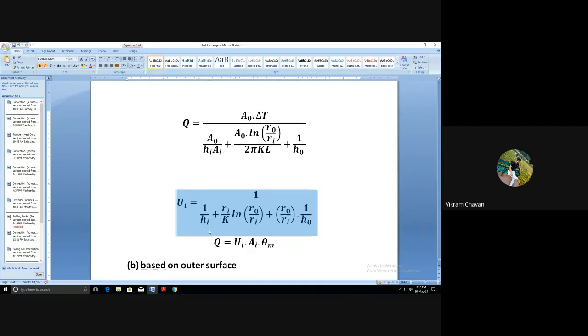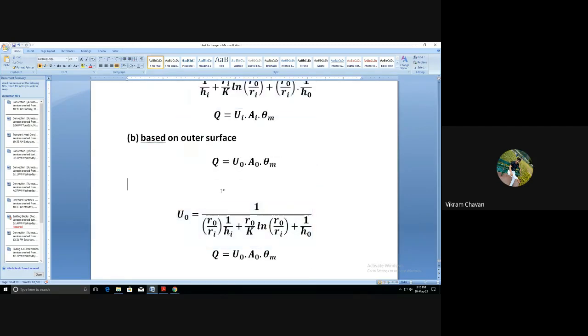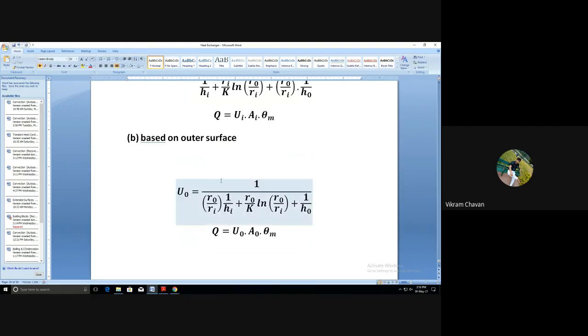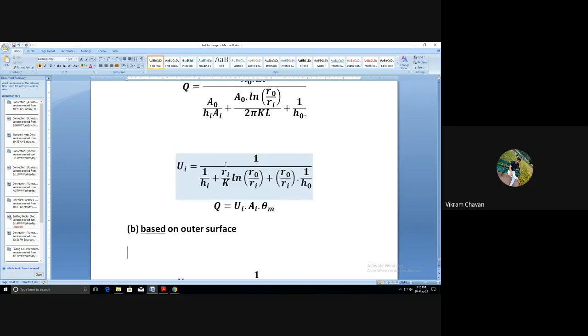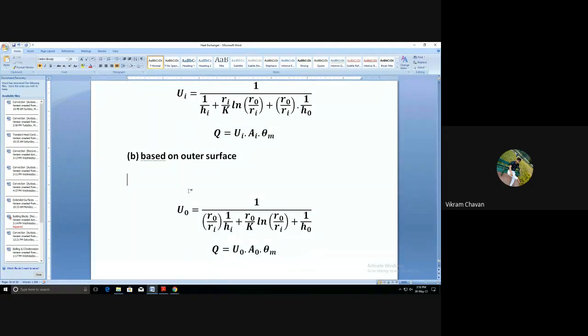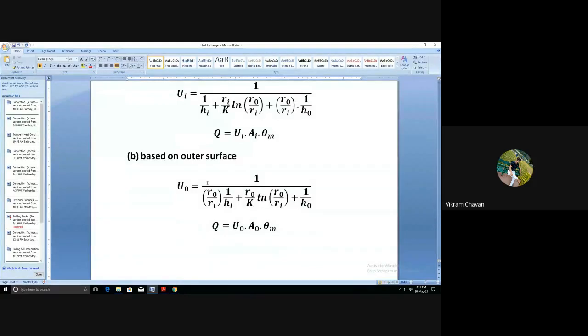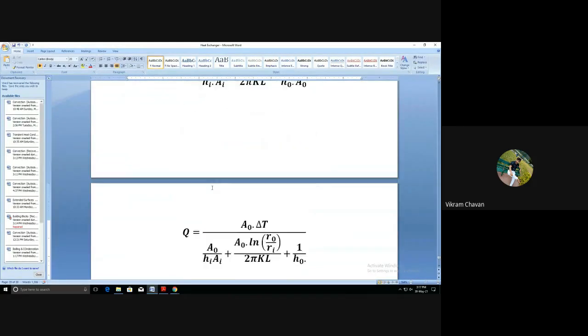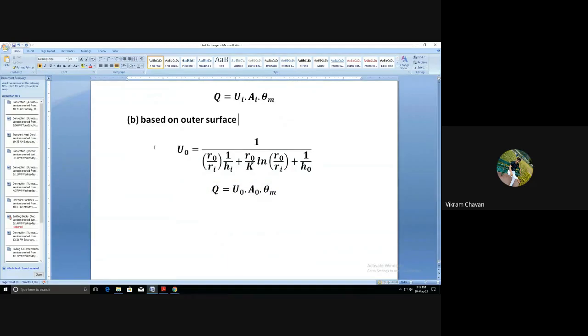Then next, based on outer surface, that is U naught is equal to 1 divided by (R naught divided by Ri multiplied by 1 upon Hi plus R naught divided by K multiplied by ln of R naught divided by Ri plus 1 upon H naught).